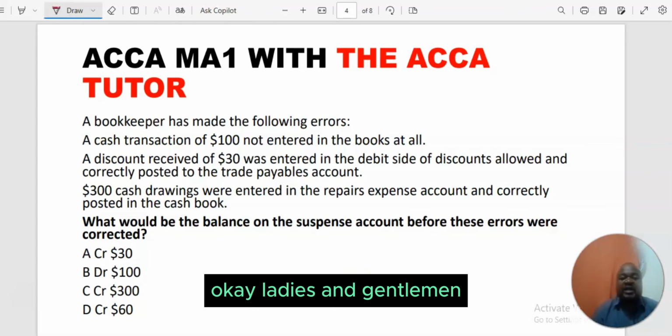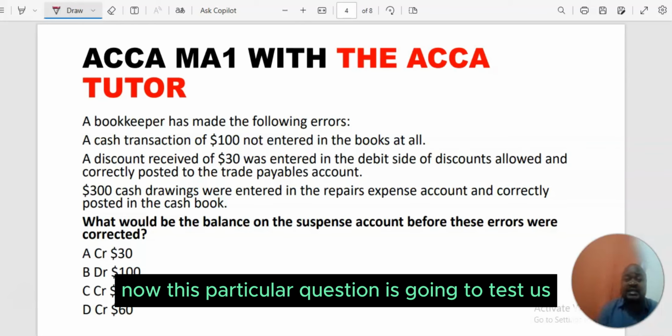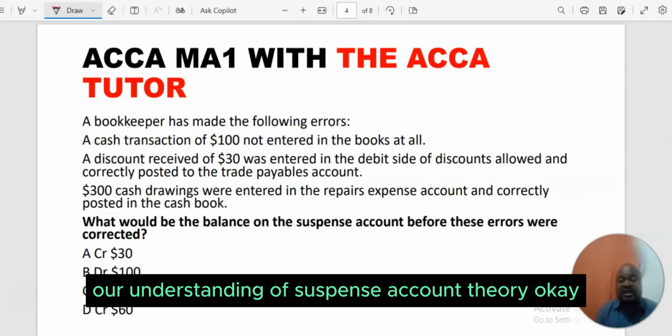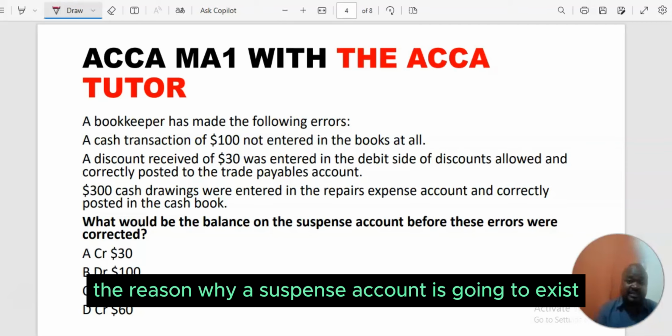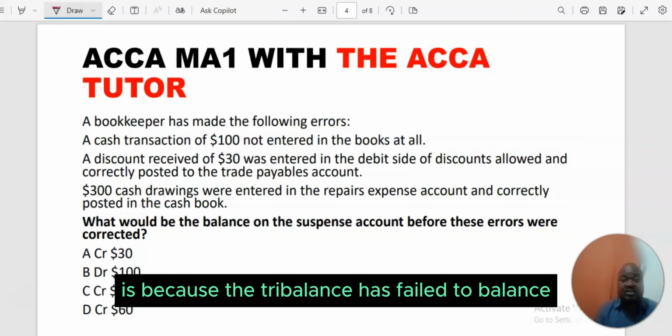Okay, ladies and gentlemen, I hope that you guys are following. Now this particular question is going to test our understanding of suspense account theory. Remember, the reason why a suspense account is created is because the trial balance has failed to balance.